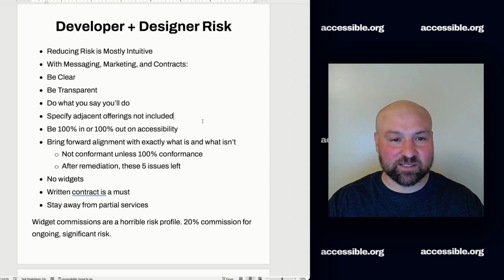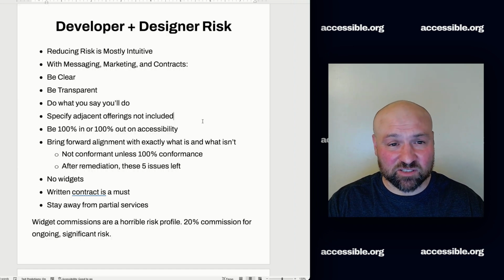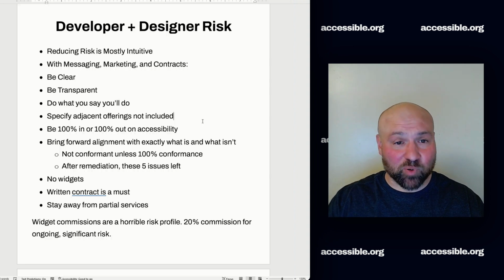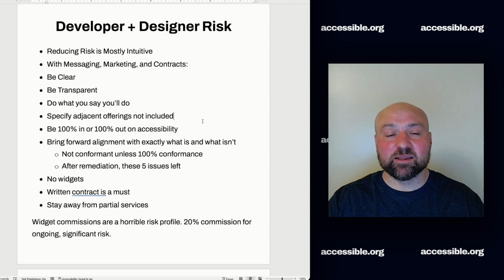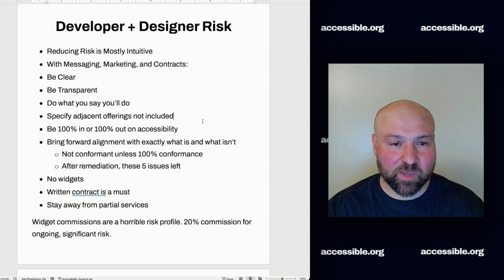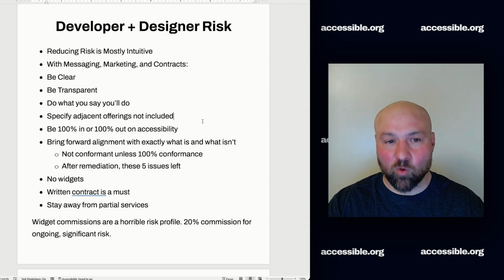That is risky, and that risk profile, by the way, is horrible. Just for commissions, just for a small percentage of commission, to put that kind of risk on yourself, never recommend a widget. Widgets are horrible.